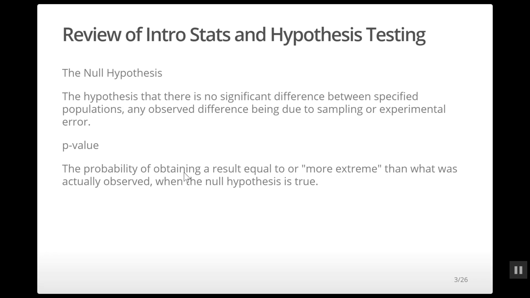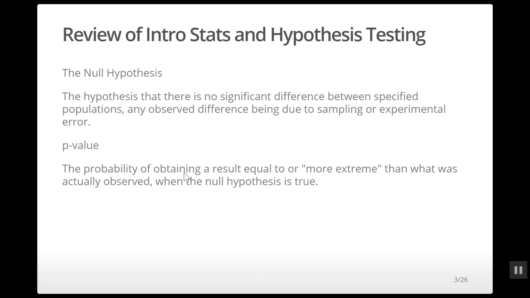For example, you might have the question: is the average rate of skin cancer different for men and women? Your null hypothesis is that the two populations have the same rates of skin cancer, whatever it is that you are interested in. And then the alternative would be that they are different.